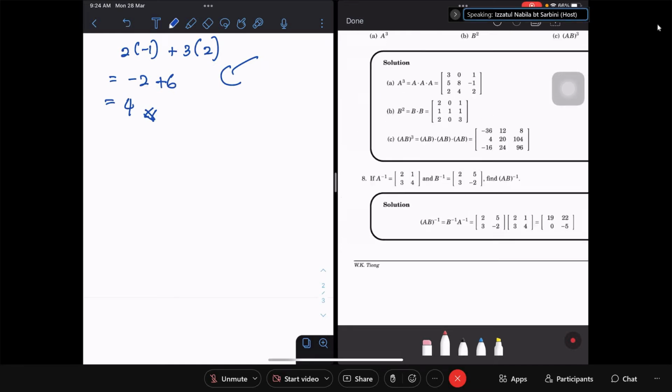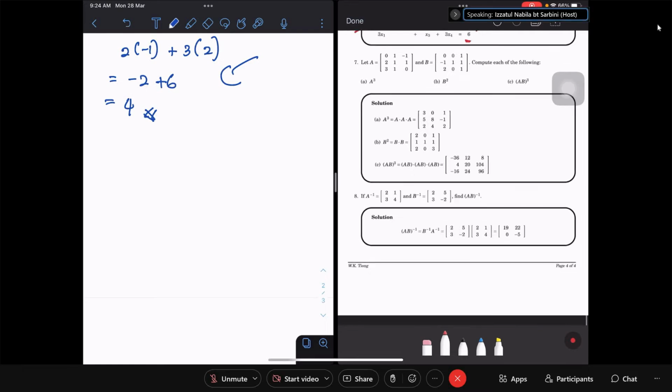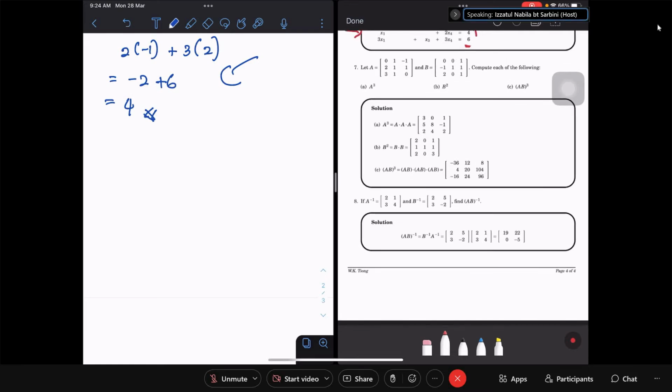Okay, for question 8, the last question in tutorial 1. If A inverse is 2, 1, 3, 4 and B inverse is 2, 5, 3, -2, find AB inverse.